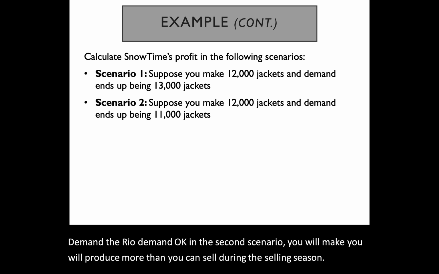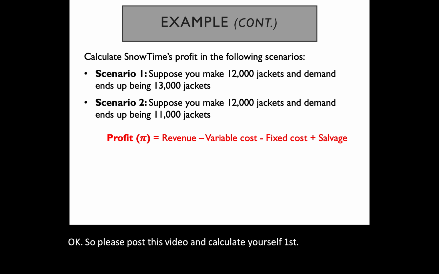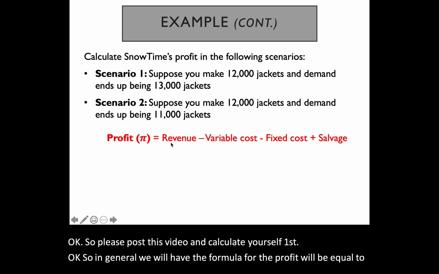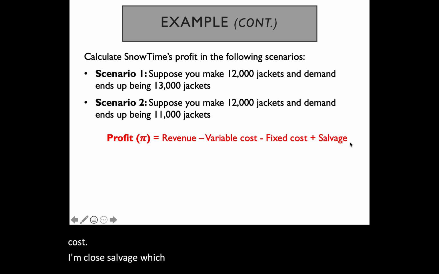Okay, so please pause this video and calculate yourself first. So in general, the formula for profit is equal to the revenue during the selling season minus variable cost minus fixed cost plus salvage, which is the revenue from the sale-off.